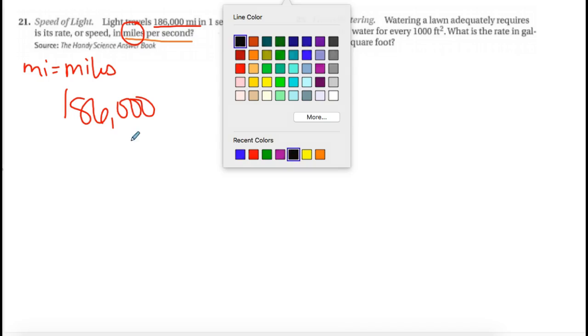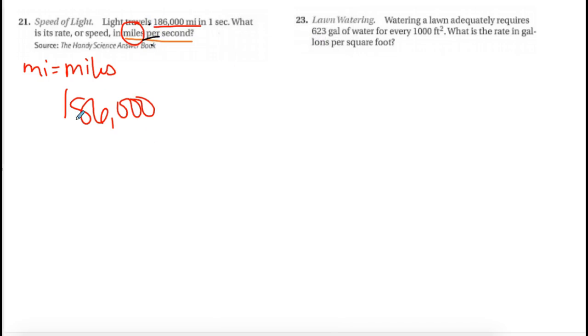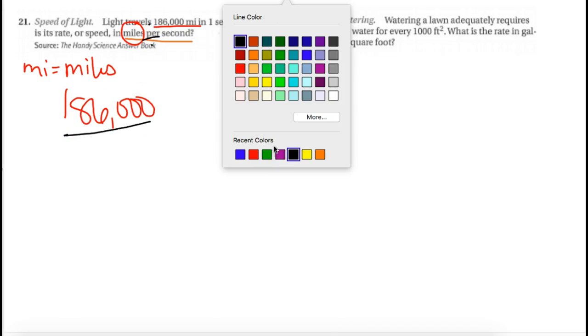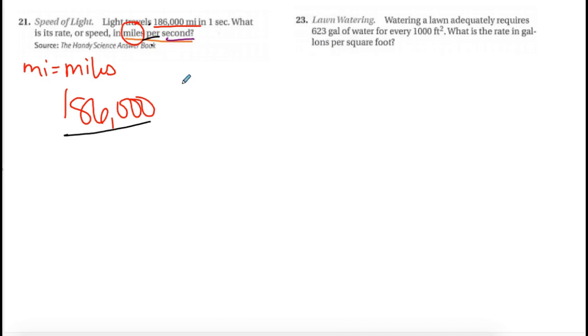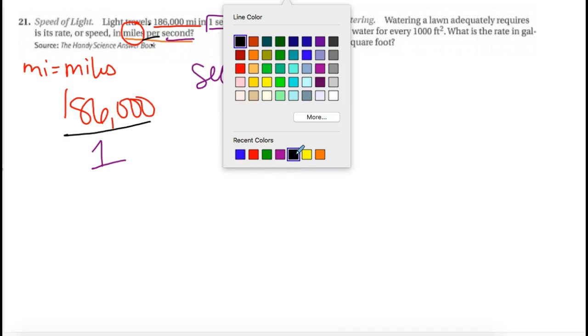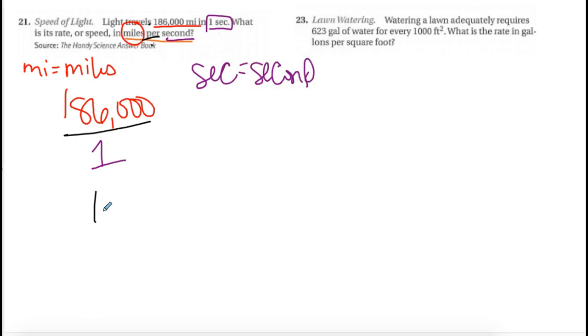Then I have my division sign because it said per. And now I'm looking for second. SEC is second. So that would be 1. Anything divided by 1 is itself. So that means light travels 186,000 miles per second.